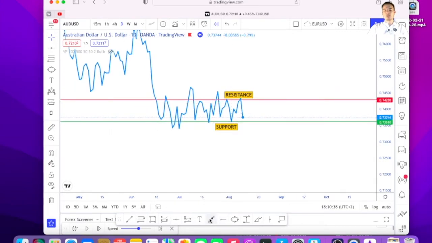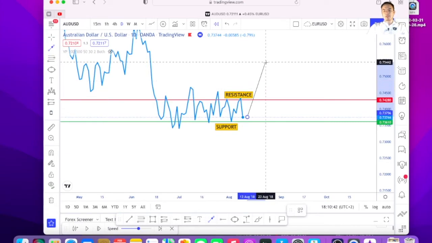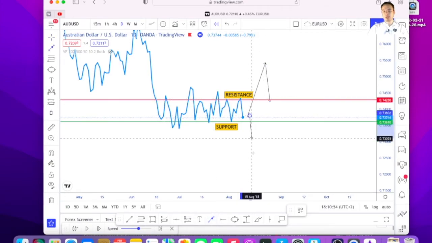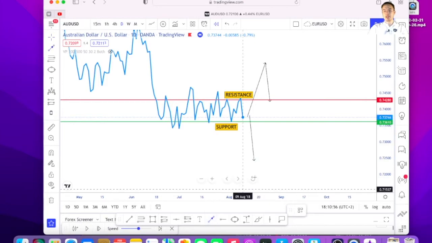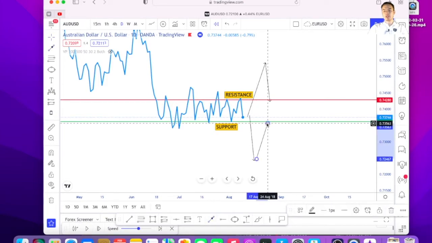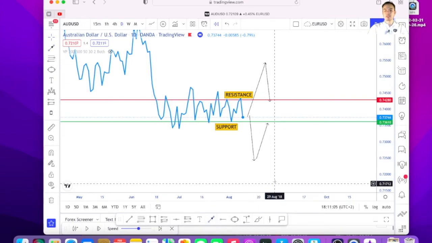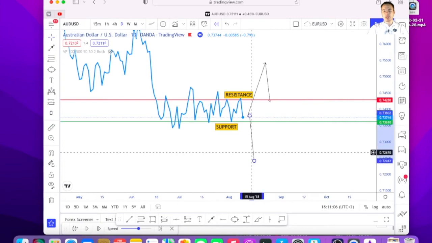So what we need to wait for is either a break above, and then maybe a retest. Then we look to buy because then that resistance becomes the new support. Or a break below the support and a retest up because now the support becomes resistance, and then we look to sell. Right, so let's see what happens.